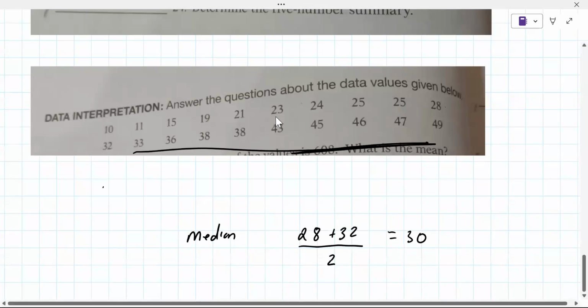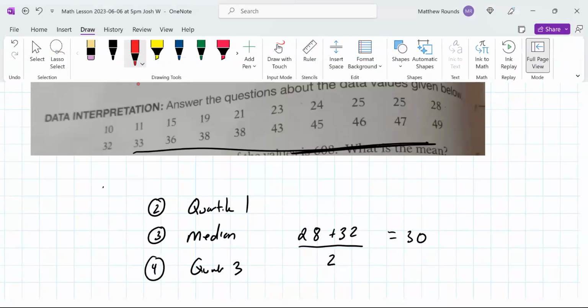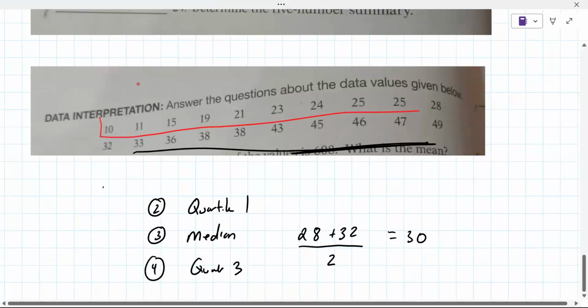There's the 5-number summary. This is the third number that they want. The second and the fourth numbers that they want are quartile 1 and quartile 3. For quartile 1, your attention should be on the top 10 numbers.